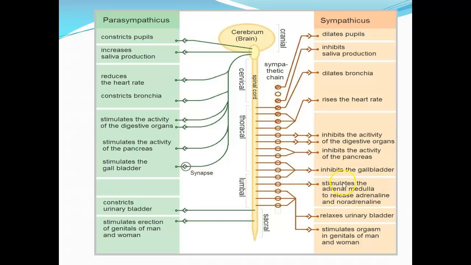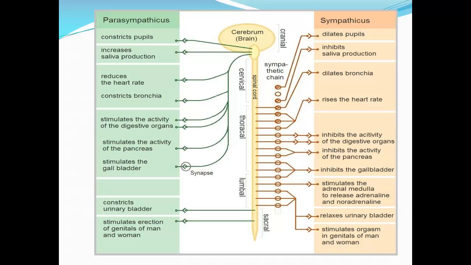Let's make a special note here when we look at the adrenal medulla. So the adrenal medulla, again, is a part of a gland that sits on top of each kidney. The inner part of this gland makes the hormones epinephrine and norepinephrine, and in British terminology, these same hormones are called adrenaline and noradrenaline.